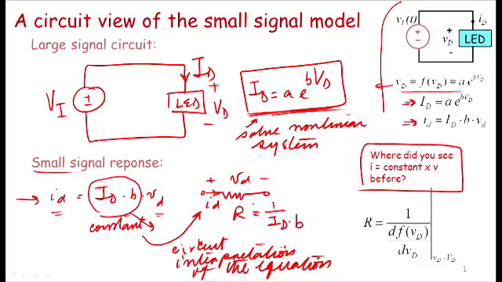So in this equation, IDB is the conductance of my resistor, and the reciprocal of that, 1 divided by IDB, is the resistance. And the resistance itself is given by this expression, where recall dF/dVD evaluated at VD equals the operating point, and the reciprocal of that gives me my resistance.